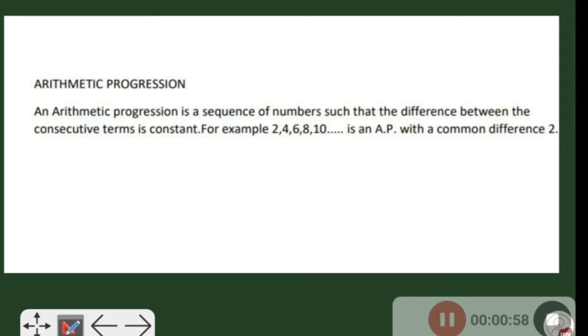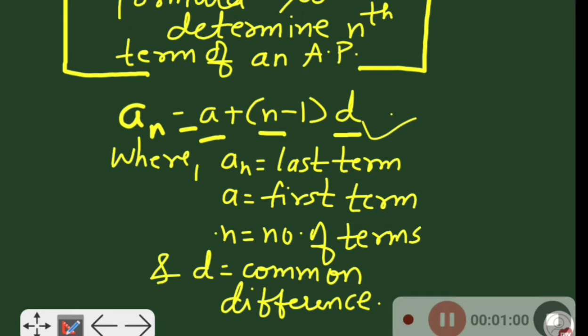Okay. Now moving on to the formulas. Formula to determine the nth term of an AP. If we want to determine the nth term of an AP, we will use the given formula, that is an is equal to a plus n minus 1 into d.